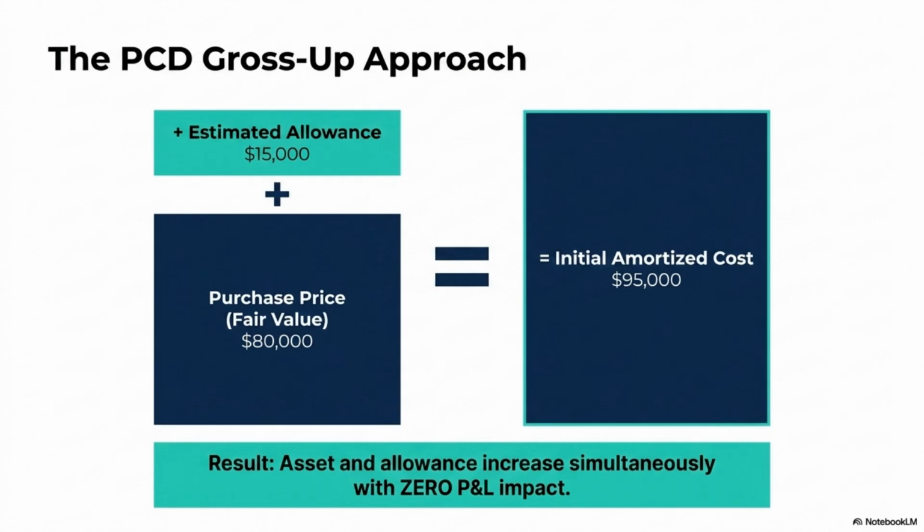Both the asset and the allowance are recorded simultaneously, with zero profit and loss impact on day 1. The journal entry debits loans receivable for $95,000, credits cash for $80,000, and credits the allowance for credit losses for $15,000.